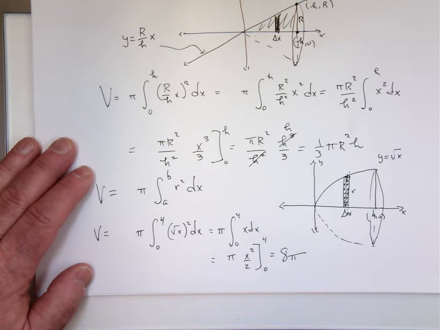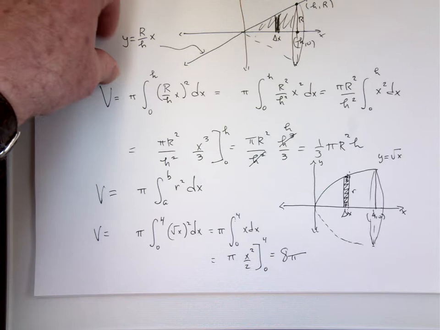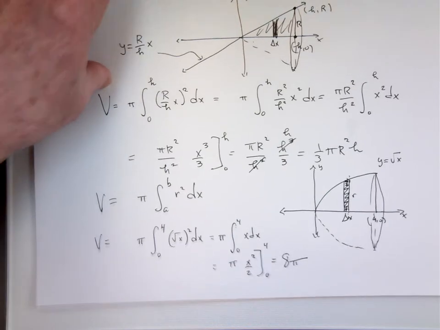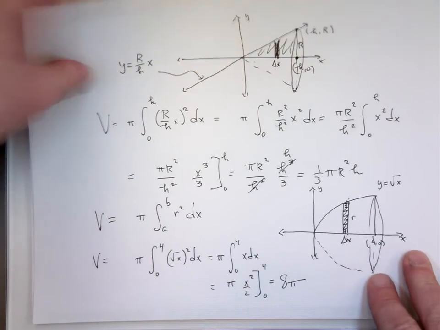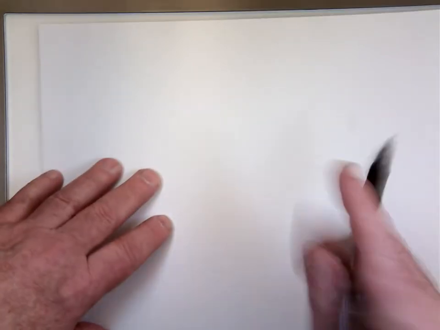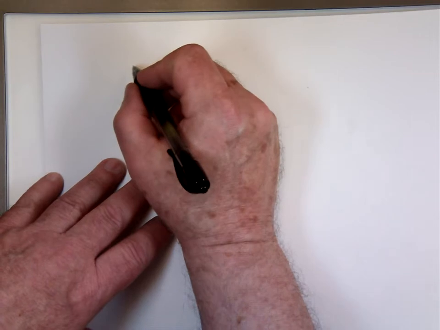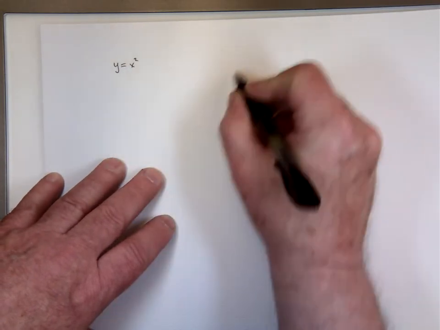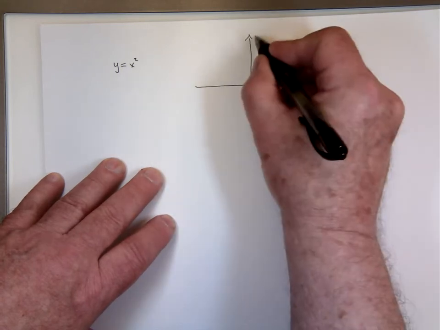How are we doing? We doing okay? Now, let's do another one. Let's take y equals x squared. Here's y equals x squared.